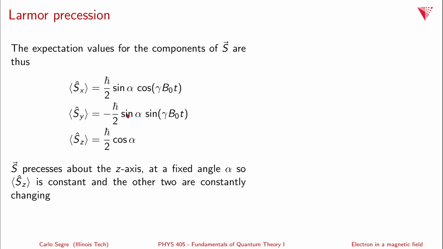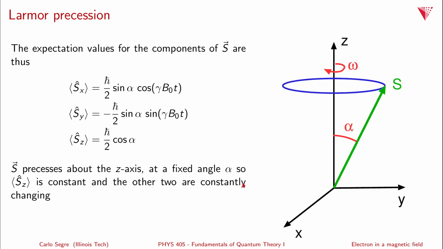However, these two terms will rotate around the z-axis, one with a cosine behavior and the other with a minus sine behavior. So this means that the spin precesses about the z-axis at a fixed angle alpha, such that the s sub z expectation value is constant and the other two are constantly changing.